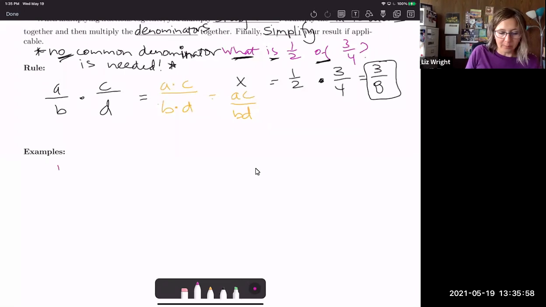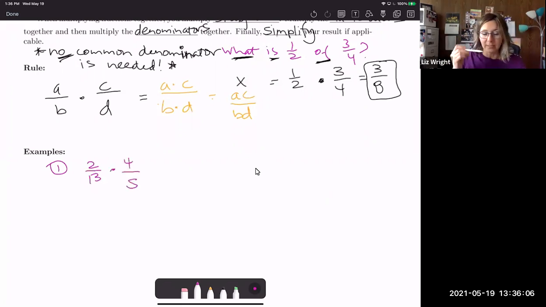All right, so example number 1, if we have 2 over 13 and we're taking that times 4/5. I always like to look from numerator to denominator and numerator to denominator, and I see if I can reduce at all, and I can't. And then I look here from numerator to denominator and numerator to denominator to see if I can reduce, and I can't.